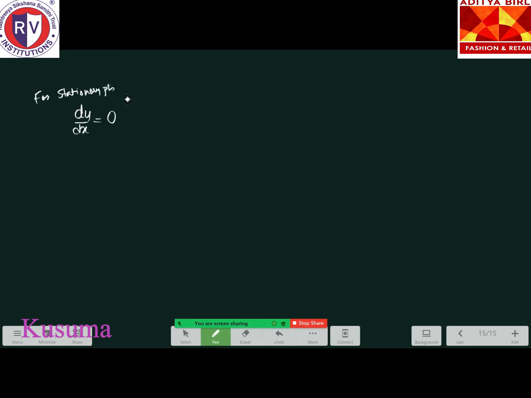So minus y into 1 plus log x is equal to 0, or 1 plus log x is equal to 0, or log x is equal to minus 1, or x will be equal to e to the power of minus 1. Removing the log, x will be equal to e to the power of minus 1, or 1 by e. This is the stationary point.